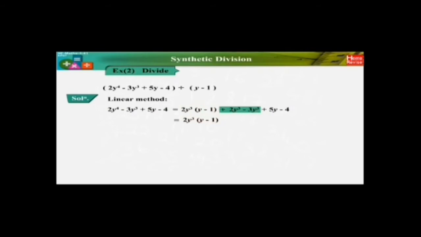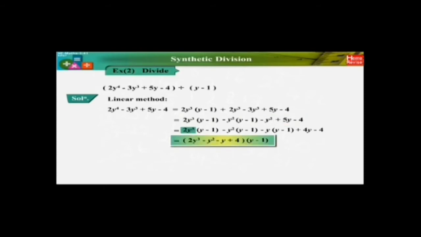Now it can be written as 2y cube times y minus 1 minus y square times y minus 1 minus y square plus 5y minus 4, which can be written as 2y cube times y minus 1 minus y square times y minus 1, which is written as it is, minus y minus 1 plus 4y minus 4, which is equal to 2y cube minus y square minus y plus 4 times y minus 1, taken as common.